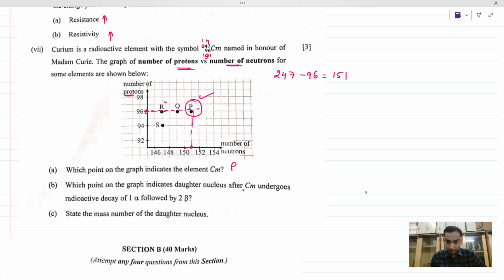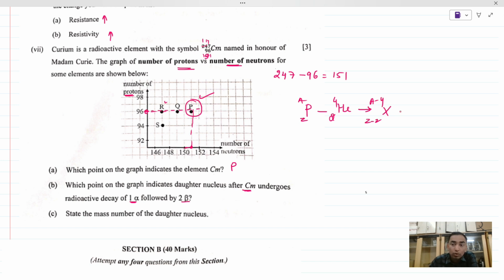Radioactive Cm undergoes 1 alpha decay followed by 2 beta decay. Which point on the graph indicates the daughter nuclei? Cm is P. Since it releases 1 alpha, which is 2He4, we get a new element, I'm just writing X, with Z, A. There will be Z minus 2, A minus 4.